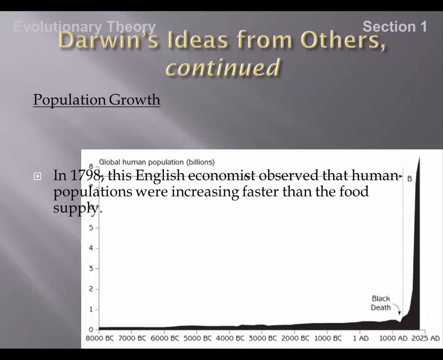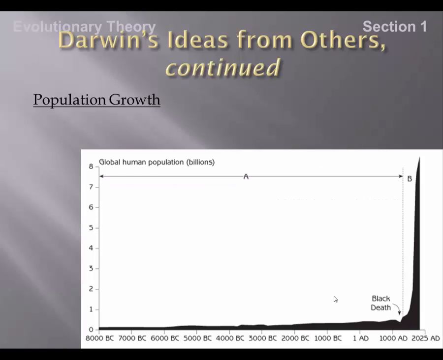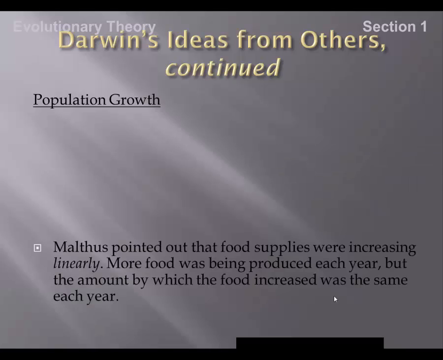So he noticed in here, you can see this exponential growth curve that occurs with the human population right about the time that Darwin was doing a lot of his studying. Malthus pointed out that food supplies were increasing linearly. So that should be a science term you're used to. And more food was being produced each year, but the amount of food was not increasing at the same rate at which the human population was increasing.